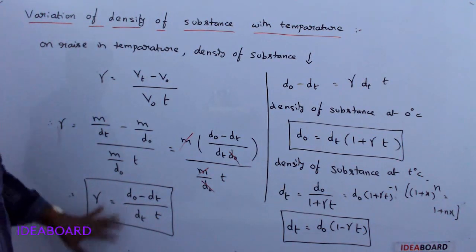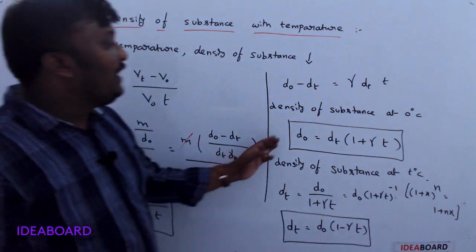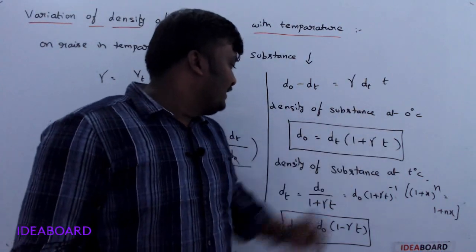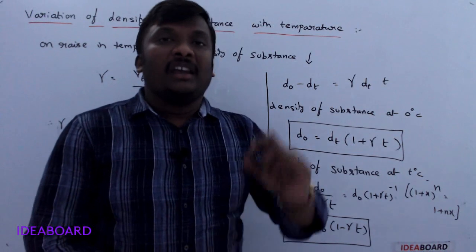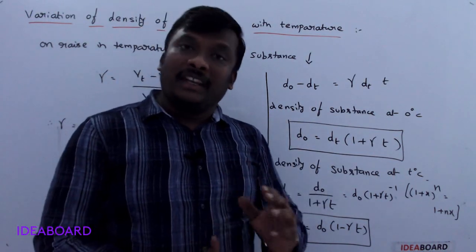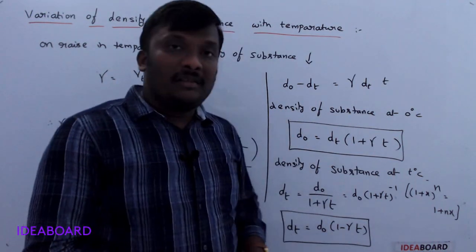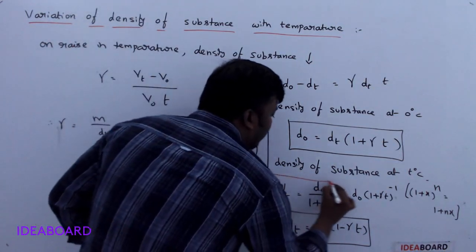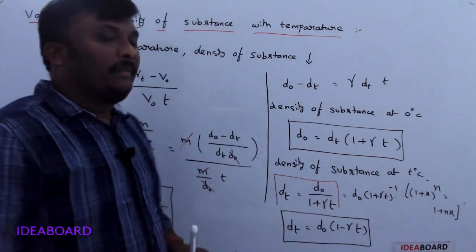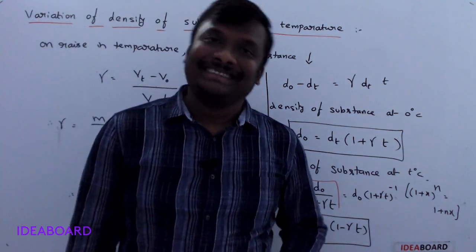From this formula we got the density at 0 degree Celsius and at t degree Celsius. If the value of gamma is very small, you can utilize this formula. Otherwise, the general formula for dt is the other one. Clear now? Thank you.